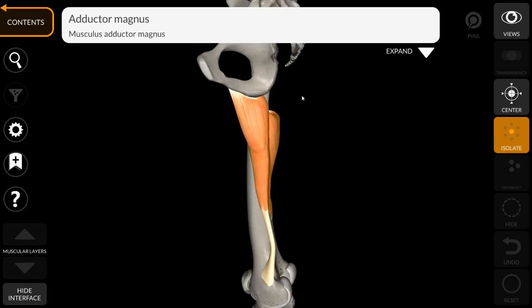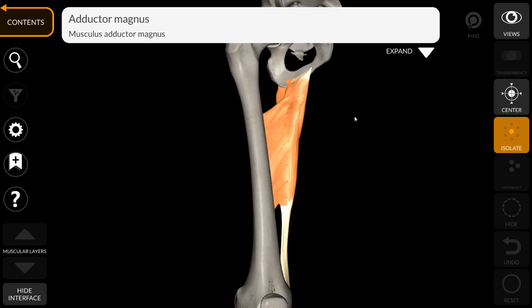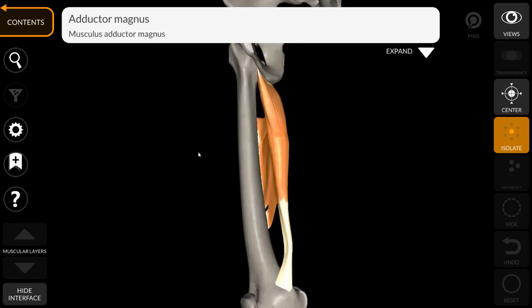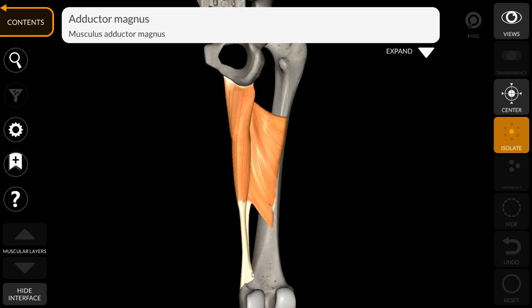Okay, can you see, class? So this muscle comes from the ischial tuberosity, moving downward and attached into which region, class?